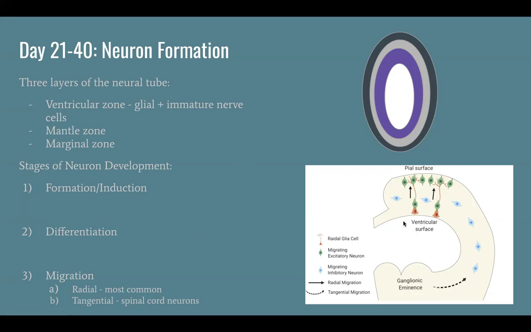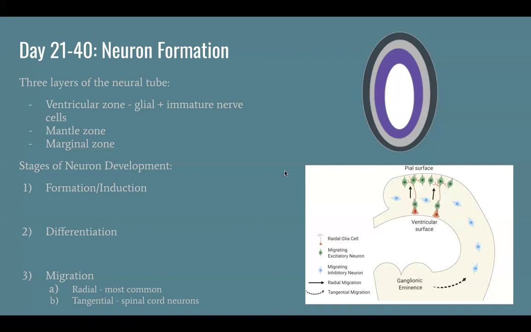Basically, signaling molecules are released in different concentrations along the embryo. There's a mesodermal signaling molecule called sonic hedgehog, which differentiates neurons into either interneurons, which are communication neurons, or, I believe, motor neurons, or glial cells, depending on where those neurons are located in relative concentration.